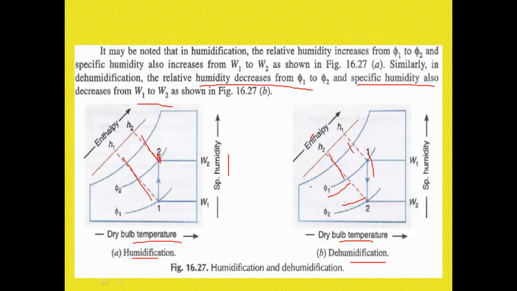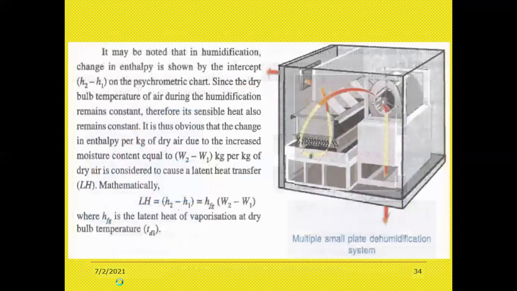See the arrow here. It is going from W1 to W2, but here it is going down from W1 to W2. This is about the dehumidification process. Whenever you are seeing an experiment, it may be noted that in the humidification process, change in the enthalpy is shown by the intercept on the psychrometric chart. Intercept means H2 minus H1 difference.